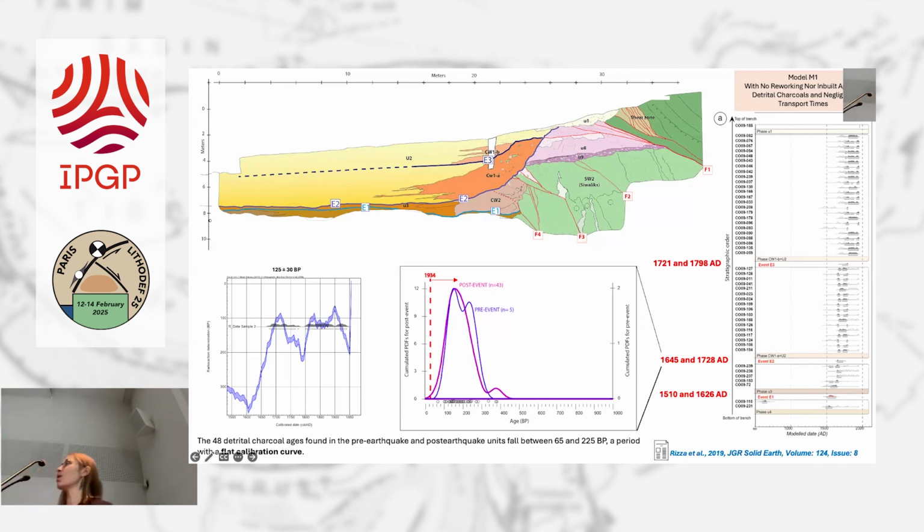We suspected it was the 1934 earthquake, but it doesn't work. All the post-event and pre-event samples return the same ages, and you have a gap of more than 140 years between 1934 and the peak in the probability.